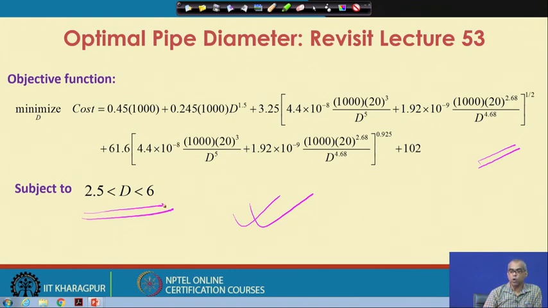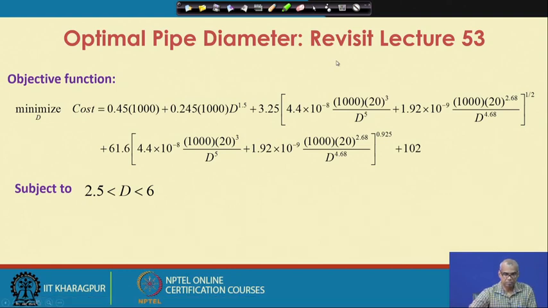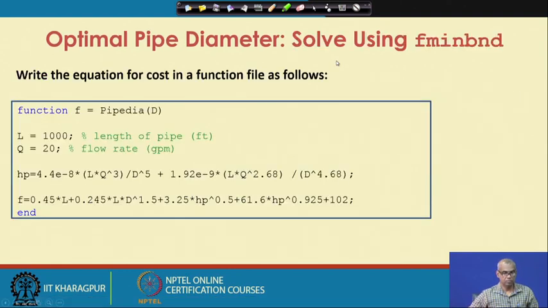So, this can also be solved using fminbnd, because it is a single variable function and we know the bounds on the optimal pipe diameter. So, to solve using fminbnd, you first have to define the function file where you will evaluate the objective function.